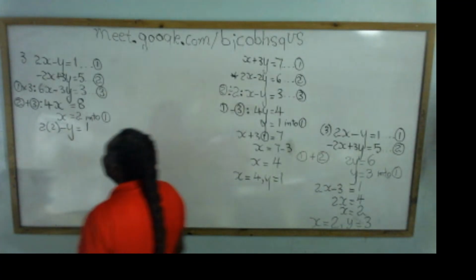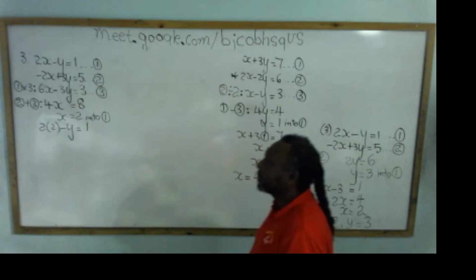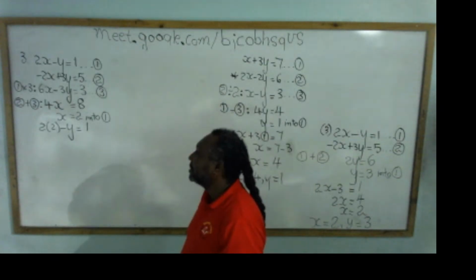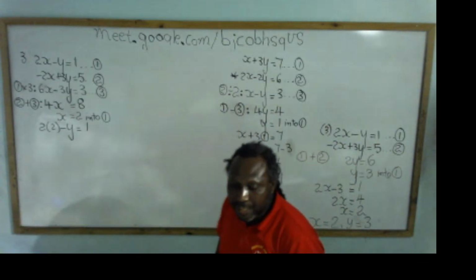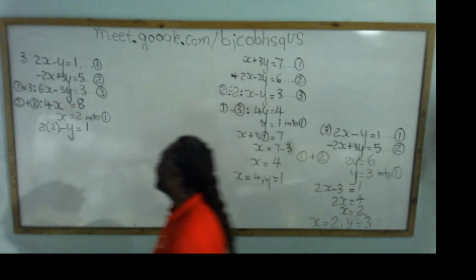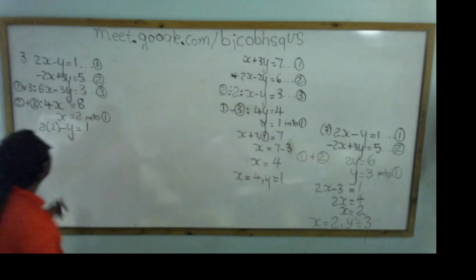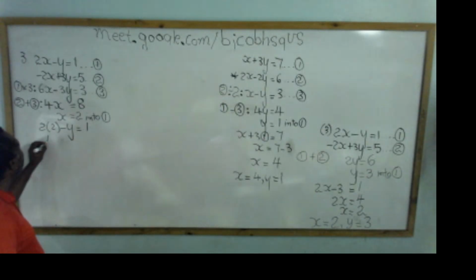You know how to put the negative sign under control immediately, so let's do that. 2 2's 4 minus 1.